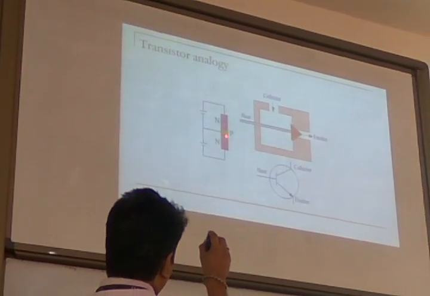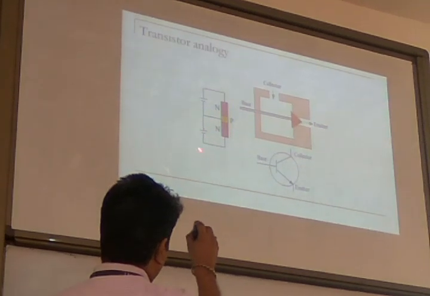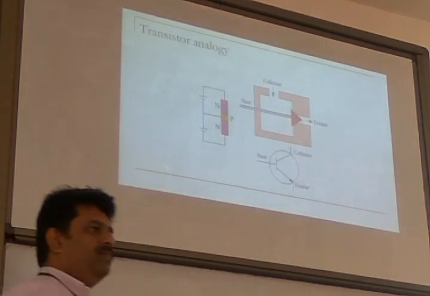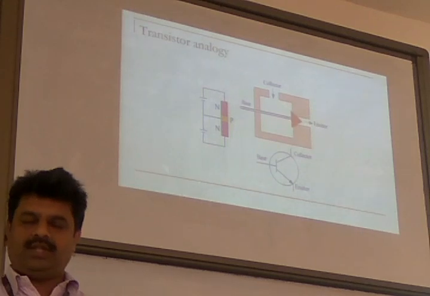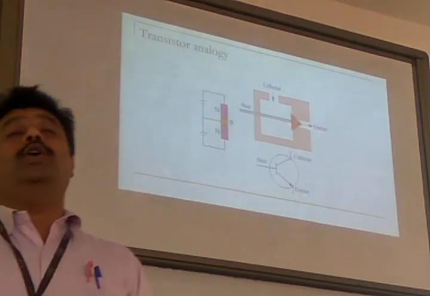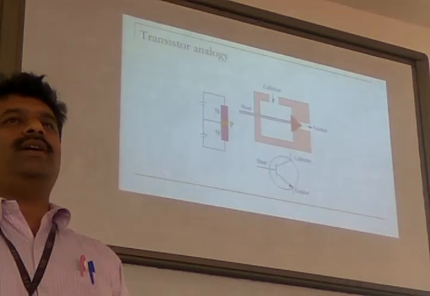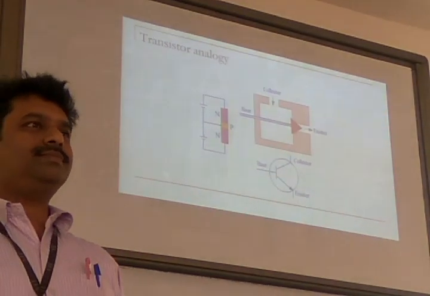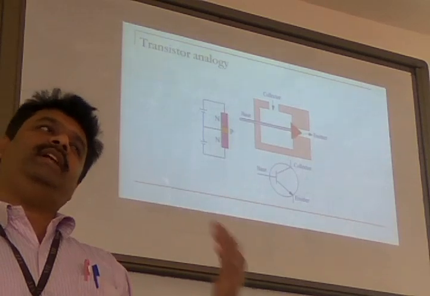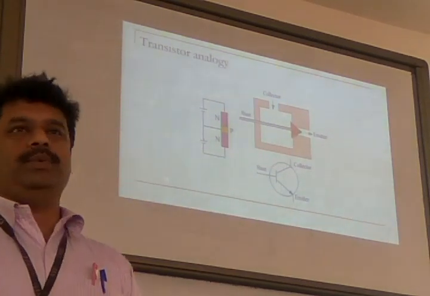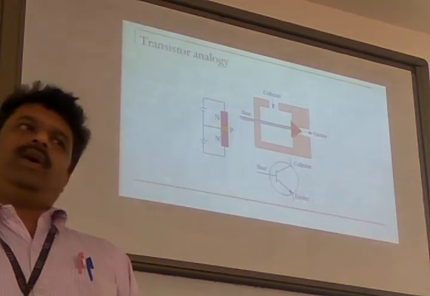So this P-type to positive, N-type to negative, the bottom half portion, the junction, the PN diode, is connected in forward bias or reverse bias? P-type material to positive, N-type material to negative. It is forward bias.